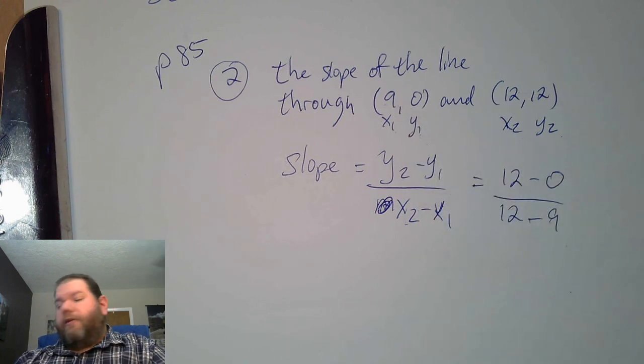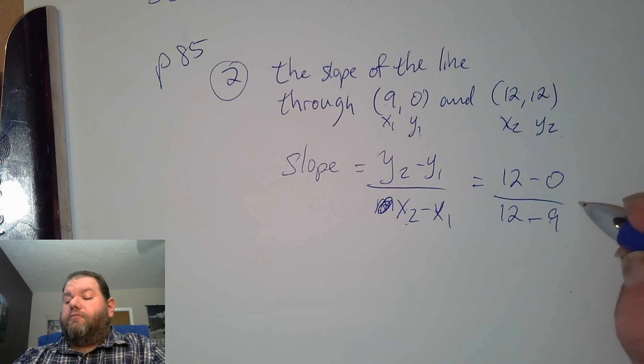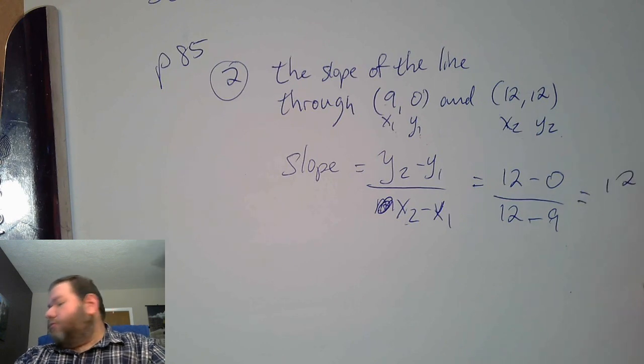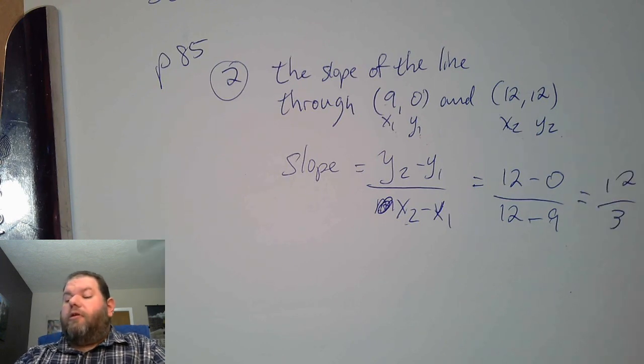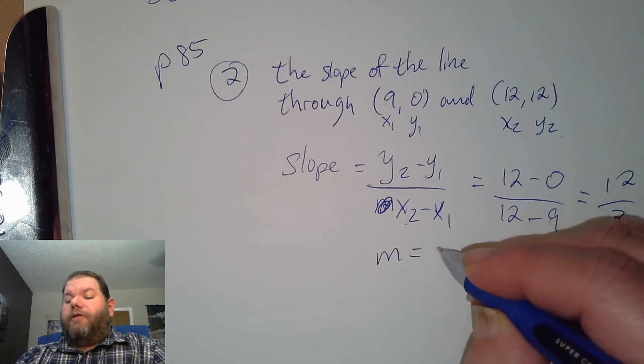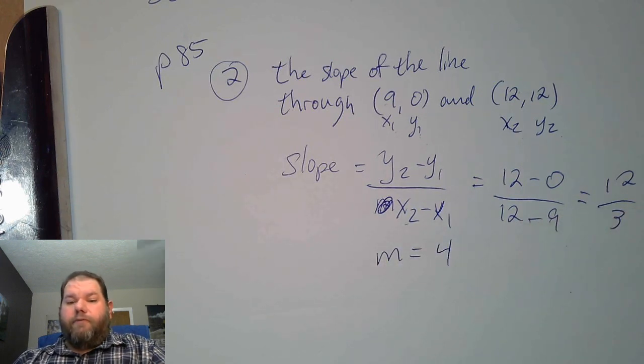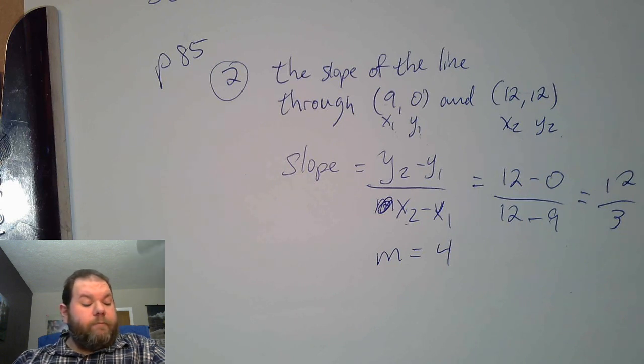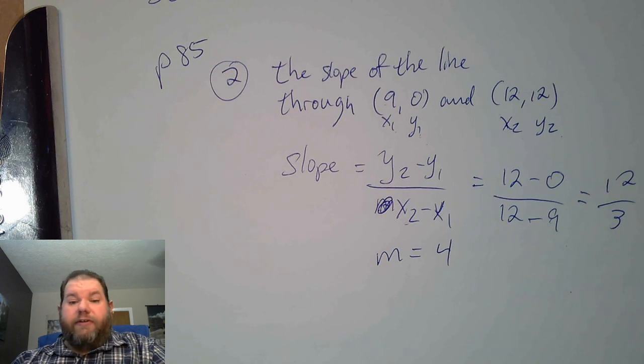By plugging those in, we end up with 12 over 3, and 12 divided by 3 gives us a slope of 4. So that's really all they're asking on this first set of problems.